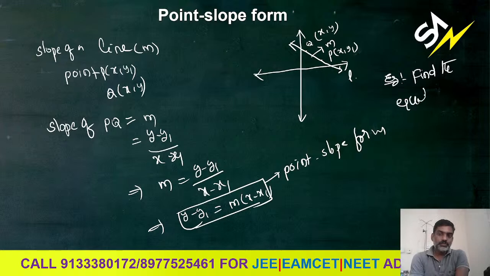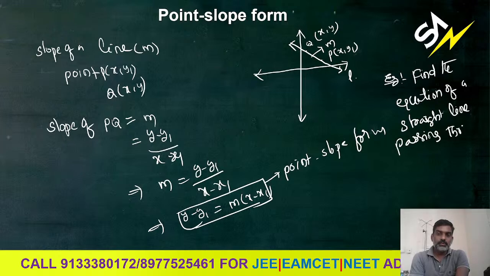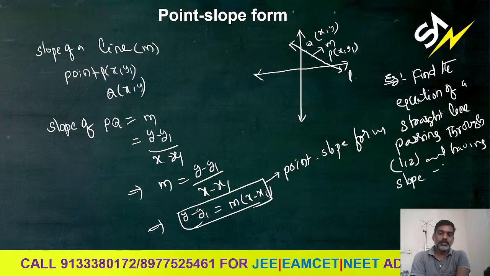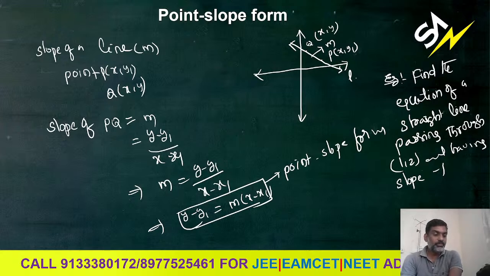Find the equation of a straight line passing through 1 comma 2 and having slope -1.